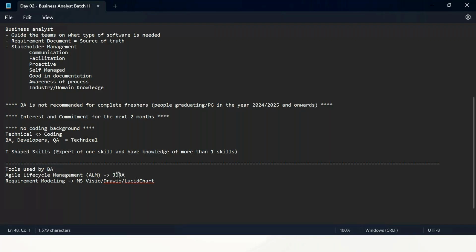And then we keep referring to the documentation aspect. For the documentation aspect, we are mainly relying upon Microsoft Office, within Office, Word and Excel. So these are essentially the three different tool sets that a BA must be aware of, out of which during our course we will be covering the first two.